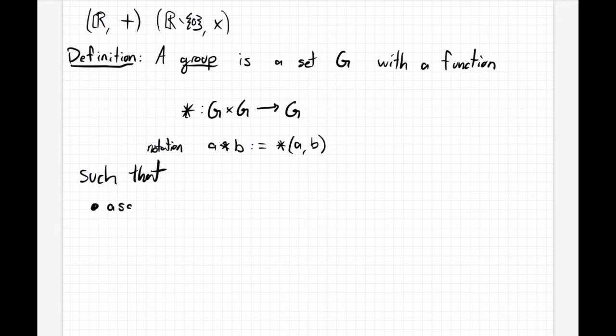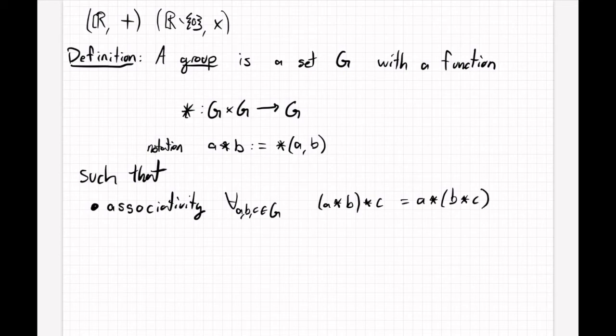So I have a star such that, and I have three things. First, associativity holds. And associativity means that for all A, B, and C in G, I have (A star B) star C is equal to A star (B star C), meaning whatever order I do my addition or multiplication, it's the same, which justifies the notation A star B star C without the parentheses there.